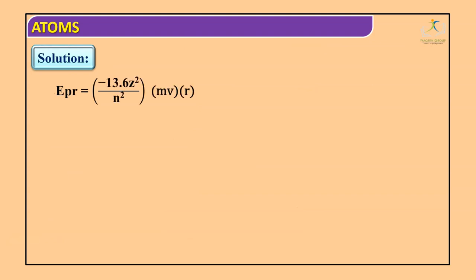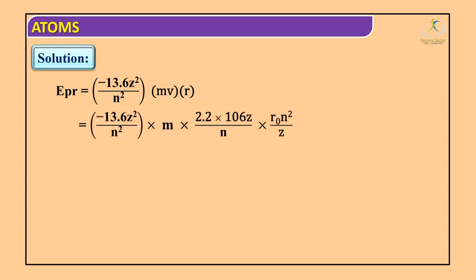Now let's move with the solution part, how it is possible. So EPR is equal to minus 13.6 Z square by n square into m into v into r.